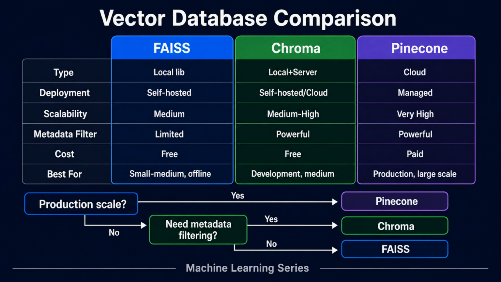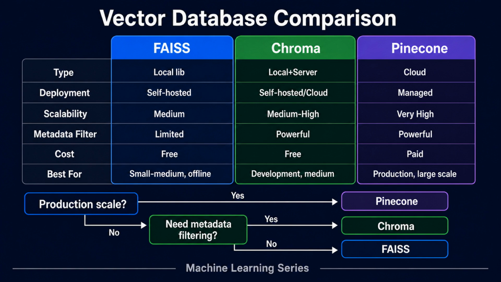FAISS is a local library best for small to medium datasets and offline environments. It's free but requires self-hosting and has limited metadata capabilities. ChromaDB offers more flexibility, running locally or as a server with powerful metadata filtering. It's great for development and medium-scale applications.